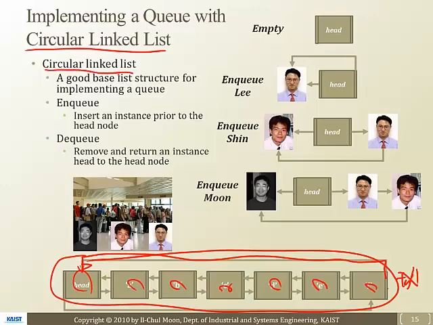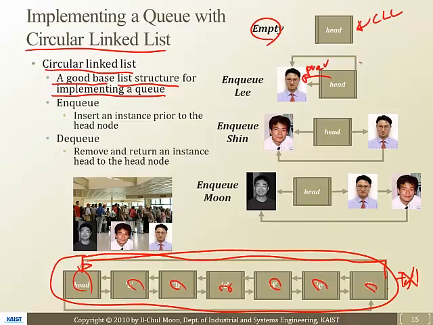Actually, the circular linked list is a good base list structure for implementing a queue. For an empty circular linked list, it looks like this. We just have head, right? And after enqueuing Li, what happens is that we always put a certain item at the previous of the head.